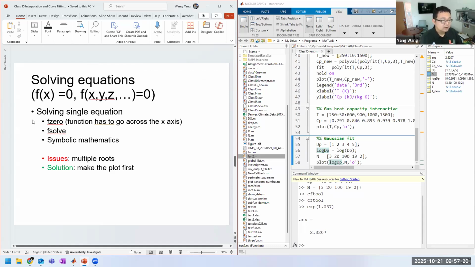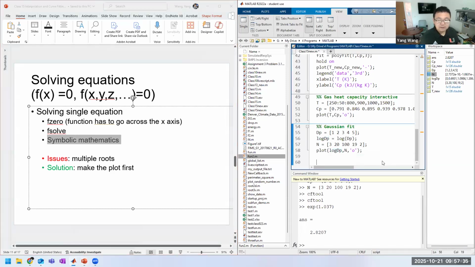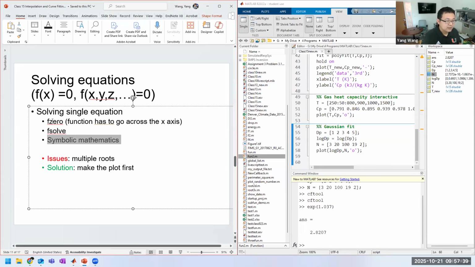Okay, so now let's start from the single equation, which is just f of x equals 0, right? We introduce three different methods: fzero, fsolve, and symbolic mathematics. We talked about fzero and fsolve when we were introducing user-defined functions, where we have to create function handles.